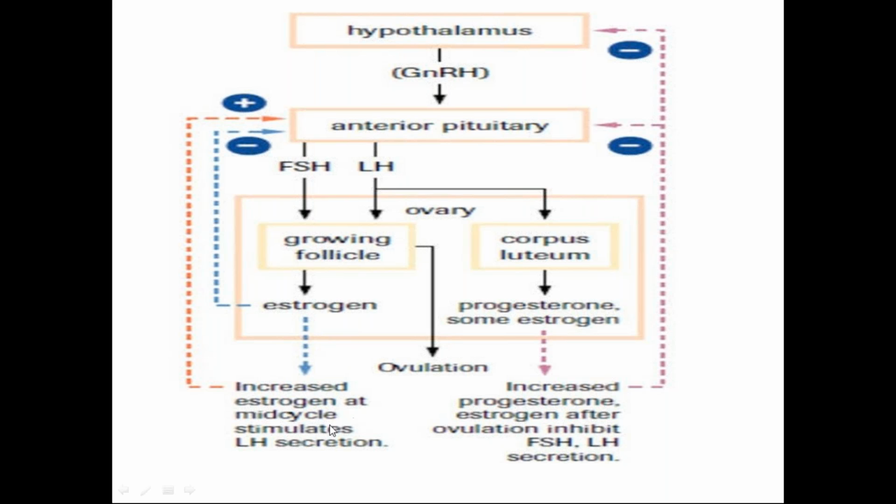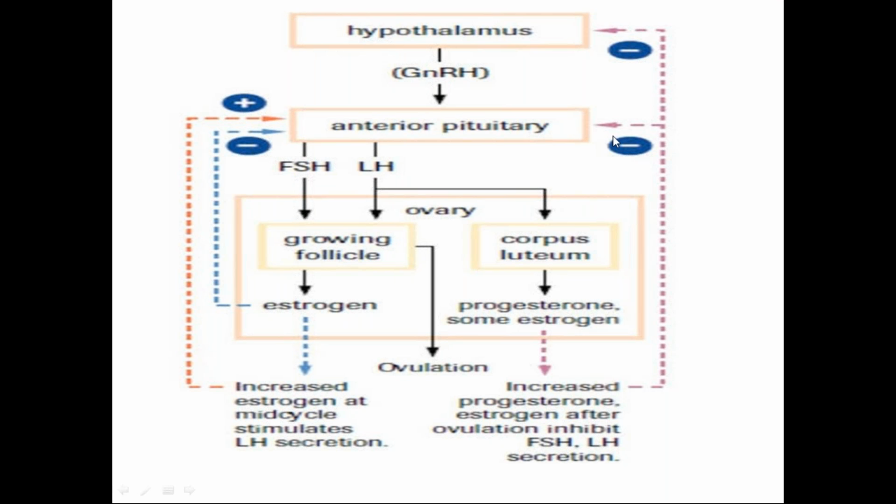Therefore, there is an estrogen predominant environment in the follicles. Due to increased estrogen in the mid-cycle, there is an LH surge, and with the LH surge, ovulation happens. Increased estrogen also has a negative feedback on FSH and LH. During the later period, that is the luteal phase, when the corpus luteum is formed, there is excess progesterone, and increased progesterone and estrogen after ovulation inhibit the gonadotropins FSH and LH.